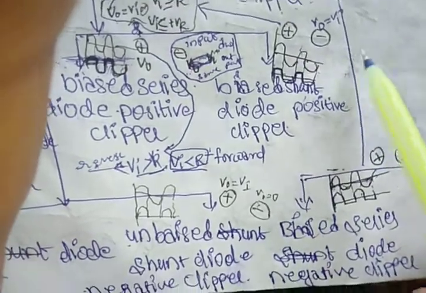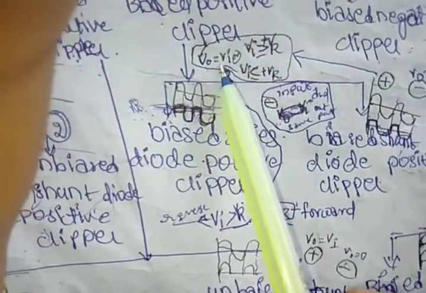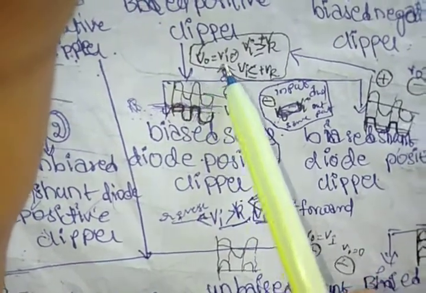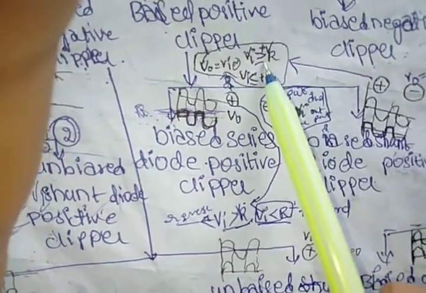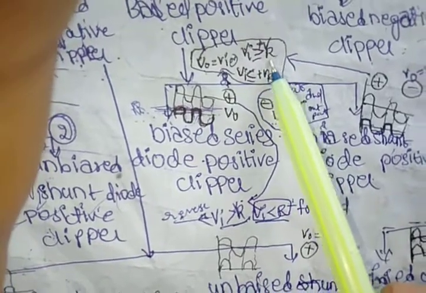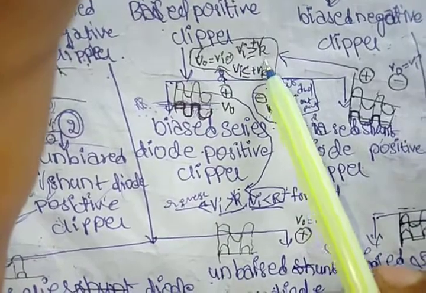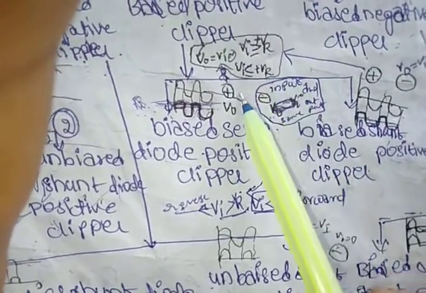Okay, next we have to see these equations. V naught is equal to Vi, the output will be Vi, and it depends on VR, which is the reference voltage.